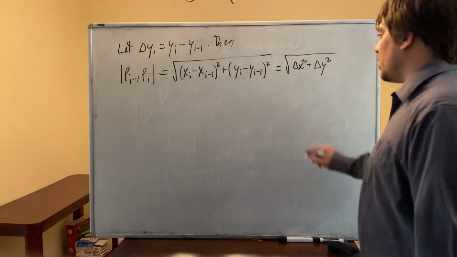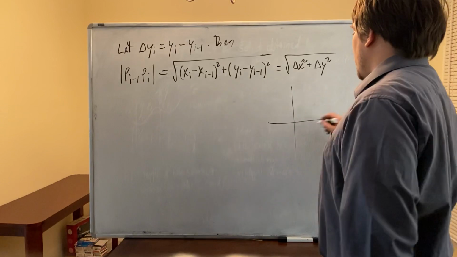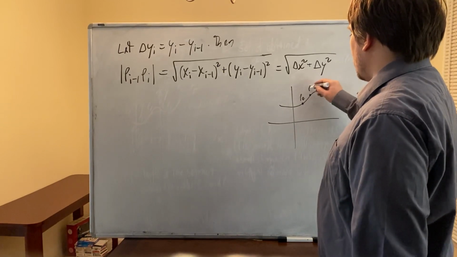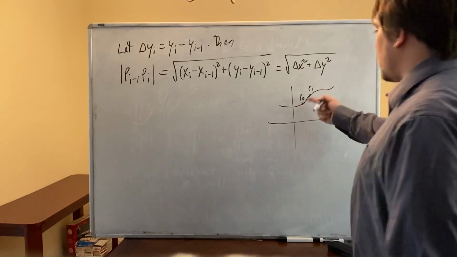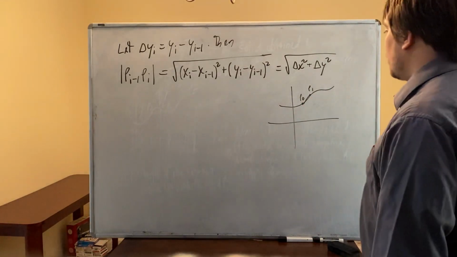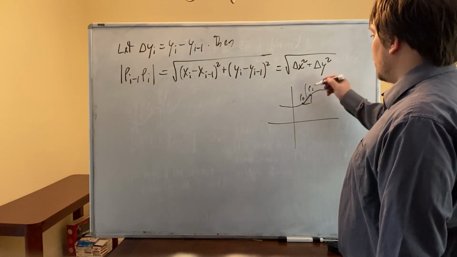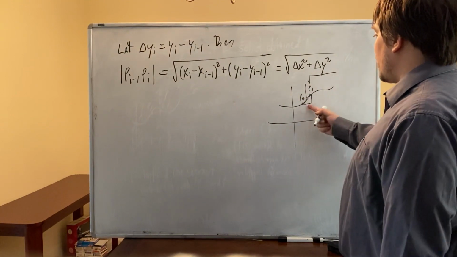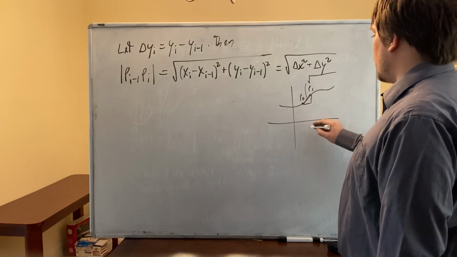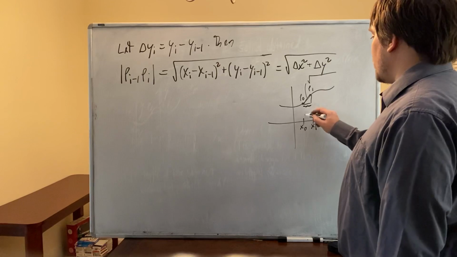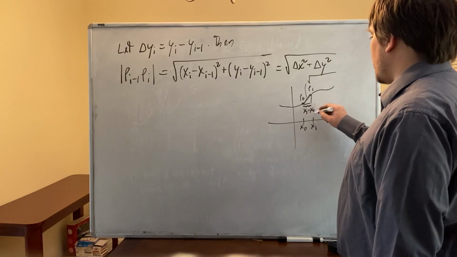Just to illustrate this one part, you have your curve, and you have the points P naught and P1. If you want to know the length of the line segment connecting those two points, by the Pythagorean theorem the length would be the square root of this squared plus this squared. Since this is x1 and this is x naught, the length of this side is x1 minus x naught.